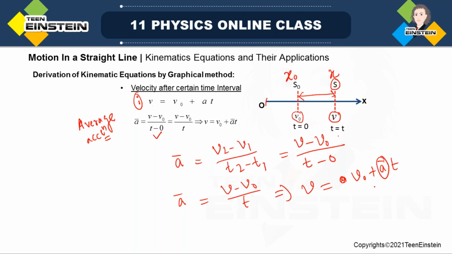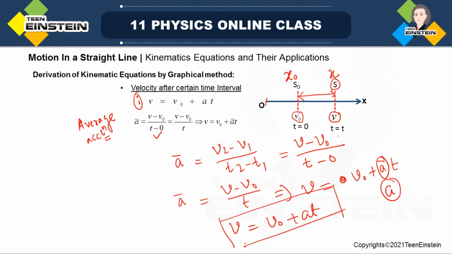Since the average acceleration is constant, and this is the acceleration with which the object will always be moving, we will be treating all the cases with average acceleration or constant acceleration. So a-bar can be written invariably as a, and you get this as at. So this is your final velocity, you get it from here.